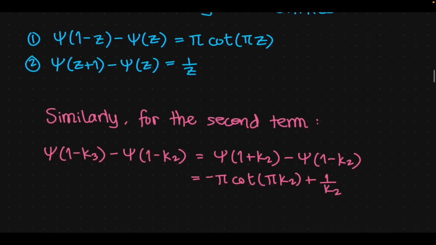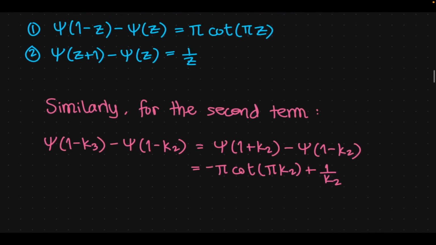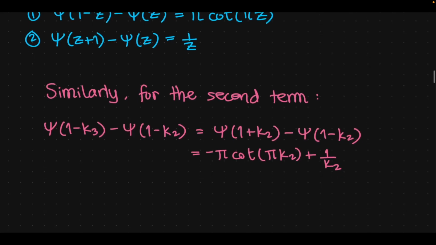Similarly, we can simplify the second term to be a difference of digammas. Digamma 1 minus k3 minus digamma 1 minus k2, where k3 is minus k2. So digamma 1 plus k2 minus digamma 1 minus k2 gives us minus pi cotangent pi k2 plus 1 over k2.